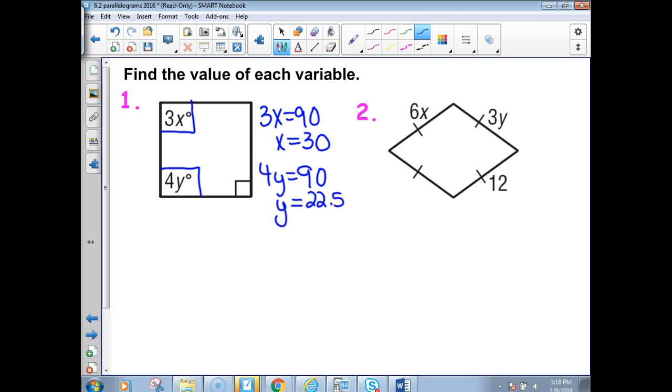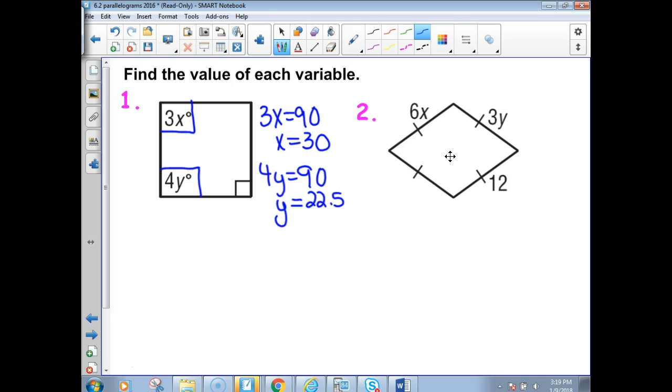22.5, right? Okay. This one has all sides congruent. That's what those slashes mean. You guys remember what kind of figure had all four sides congruent that was not a square? Back in probably 6th grade?